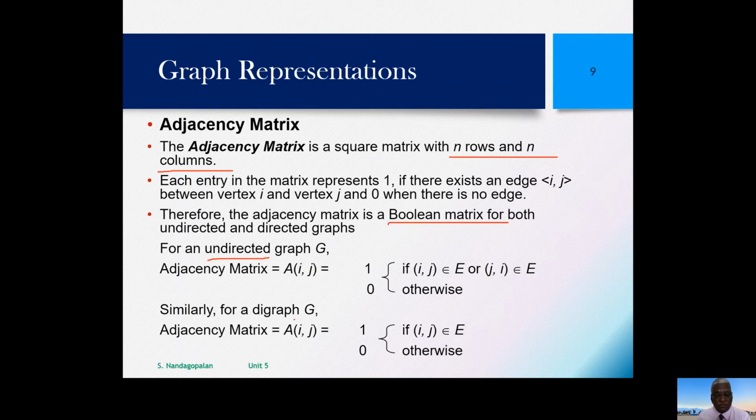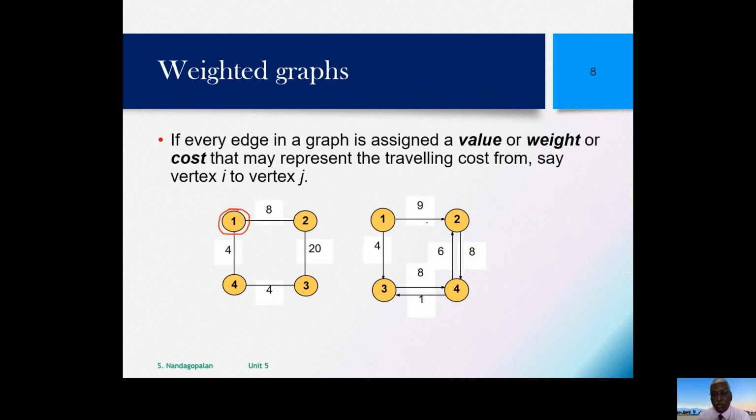Now, same thing here for the digraph, or the directed graph. In the matrix A, each entry (i, j) will be 1 if there exists an edge i to j, because j to i is represented using another edge. For example, for 1 to 2, I can put a 1, but not for 2 to 1, because there is no such edge.